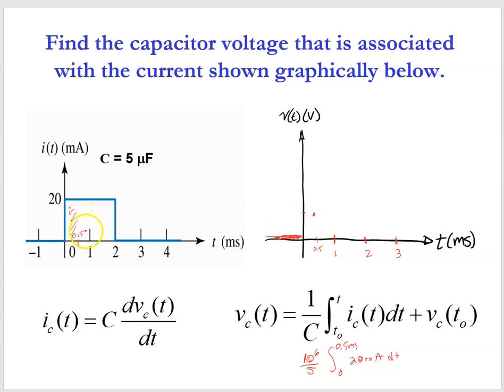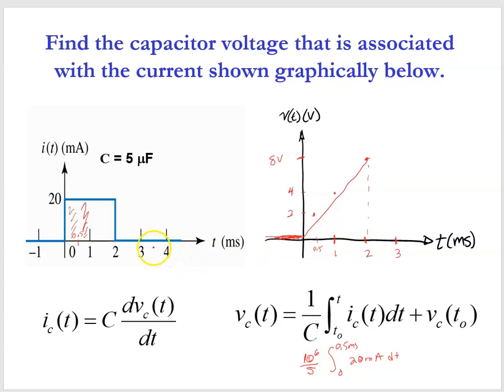If we go to 1, we're basically doubling that, and we're going to end up with 4. So that's a 4. If we go all the way to 2, we're doubling that again, and we're going to end up with 8. So this is going to be linear, right? And we're going to end up with our 8 volts at 2.